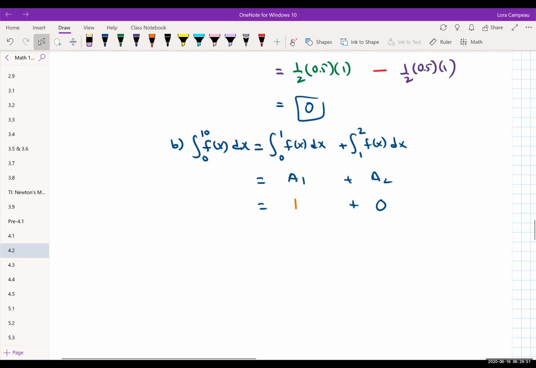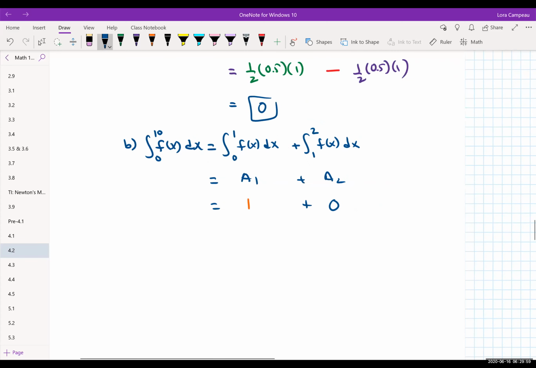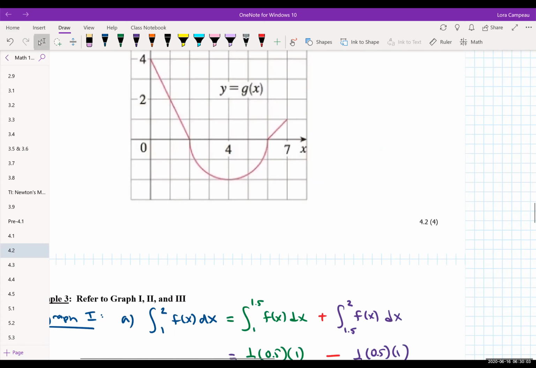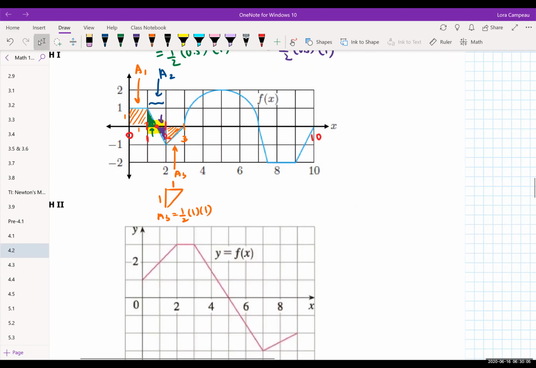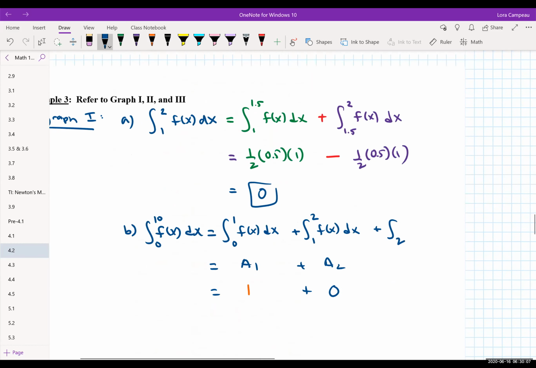That's area 3. Now, by the way, you kind of play around with this. I'll write this out just so that we can see this. So we're going from x equals 2 to 3. That's the lower limit, upper limit.